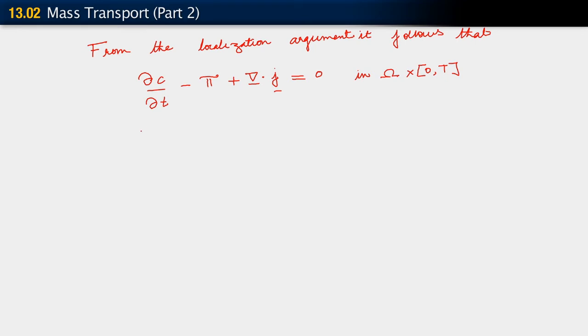This is our equation for the balance of mass. It needs to be supplemented by boundary conditions as well as initial conditions, just as we saw in the context of mechanics, for instance.